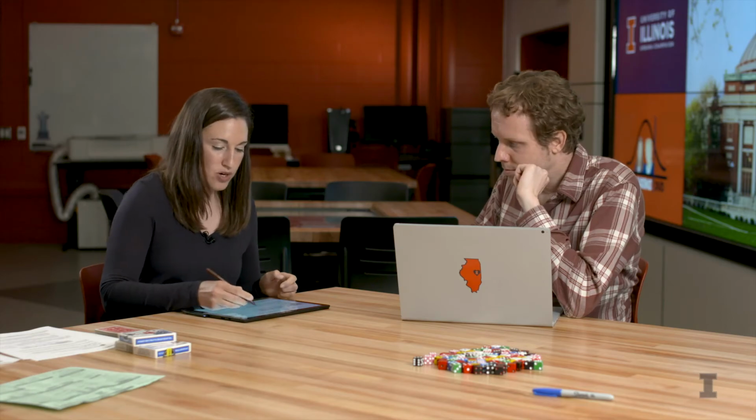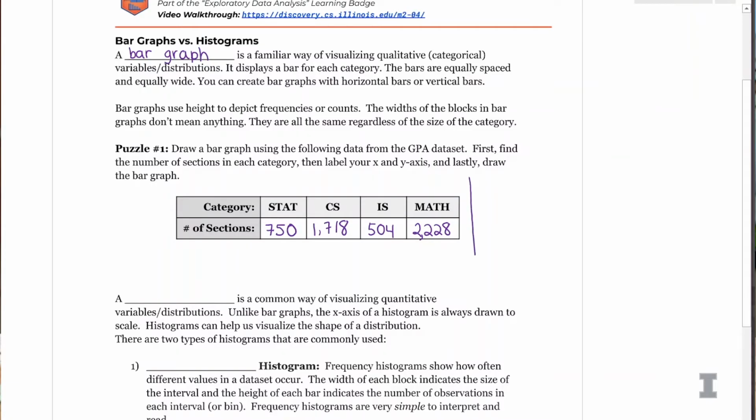If I wanted to make a bar graph, we'll do this really quick. I would put 4 bars on my bar graph. The first one is for Stat. The second one is for CS, then IS, and then Math. The bars are going to be as tall as these numbers of sections.